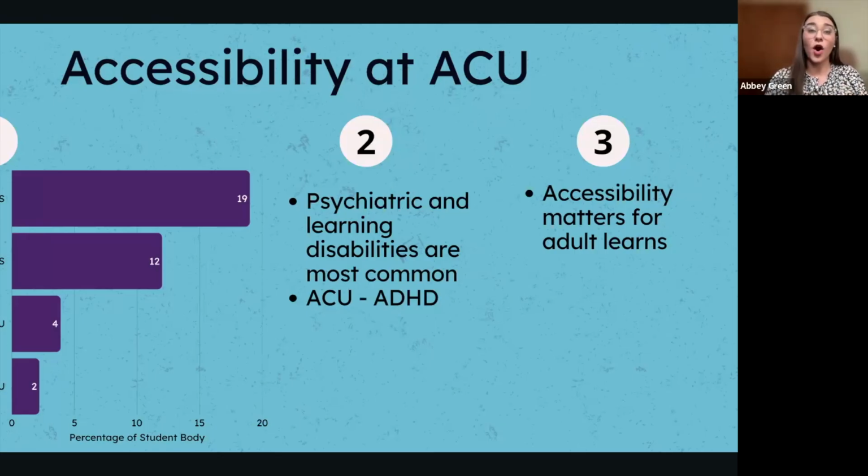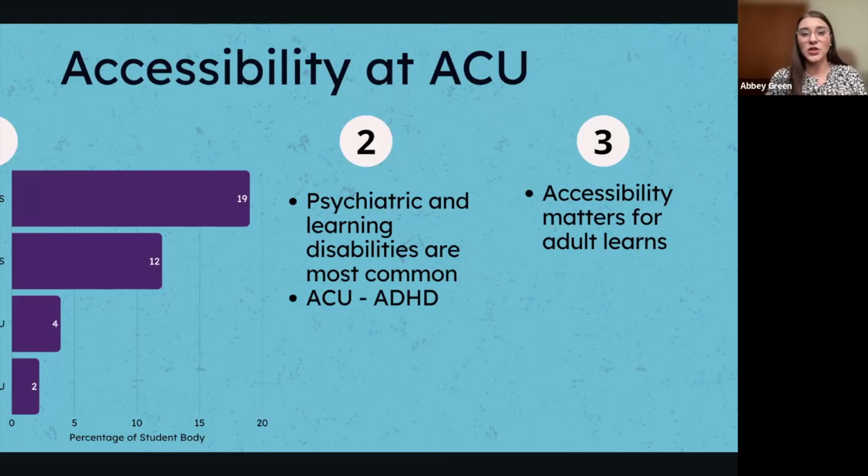But if you think about things that are hard for people with ADHD or neurodivergence, it's organization, staying on track, procrastination, those executive functioning skills, and those are going to rise up really quickly in a self-directed learning environment. And again, we can react with accommodations, but those don't always address the root of the issue and actually make a difference for students.